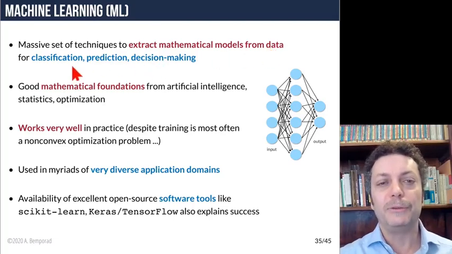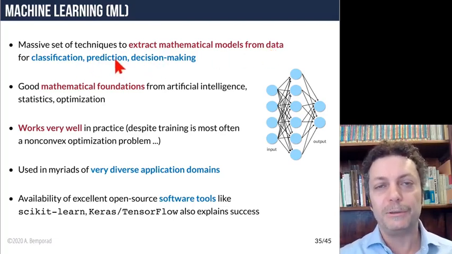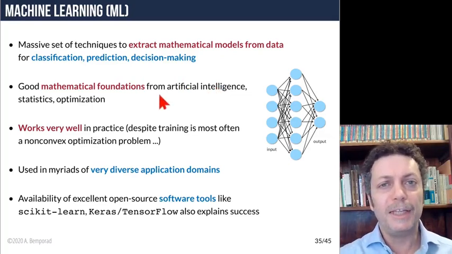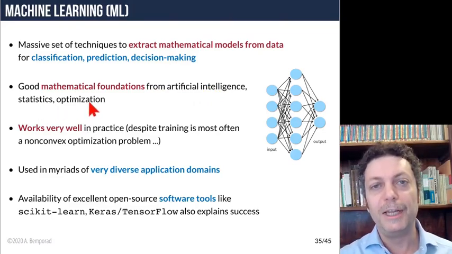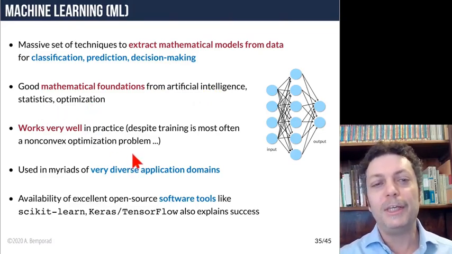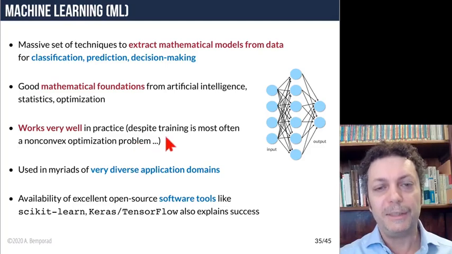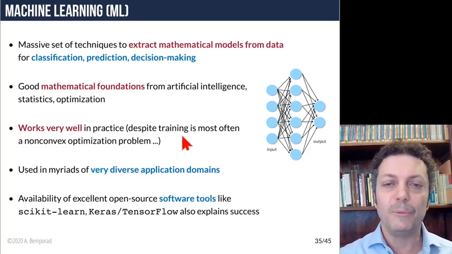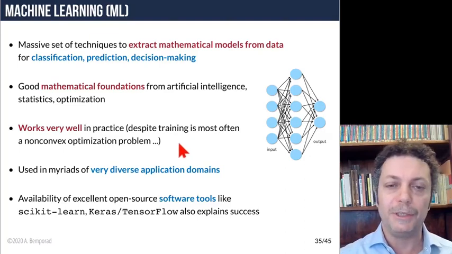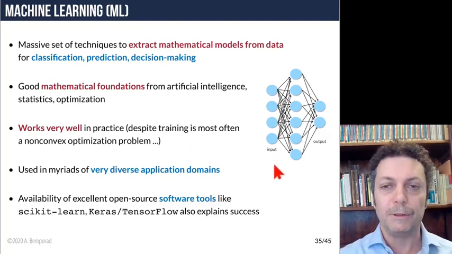And these models can be used for classification, for prediction, or for decision making. It has very good mathematical foundations from artificial intelligence, statistics, and optimization. And very important, it works really well in practice, in spite of the fact that the training of the models is often based on very non-convex optimization problems that still you are able to solve.